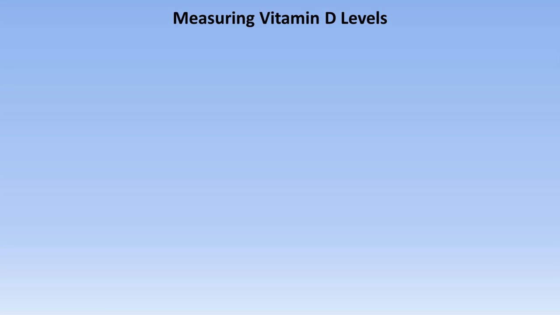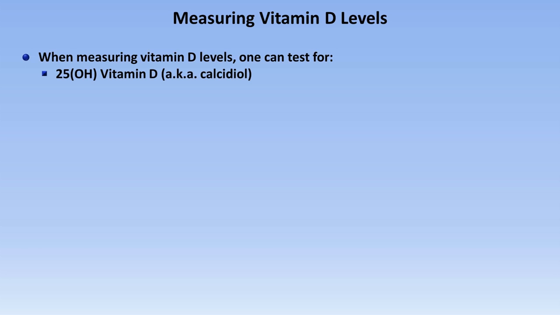The last issue I'll discuss here has to do with measuring vitamin D levels. While measuring PTH is very straightforward, vitamin D is not. When measuring vitamin D, one can test for either 25-hydroxyvitamin D, or calcidiol, or 1,25-dihydroxyvitamin D, or calcitriol.